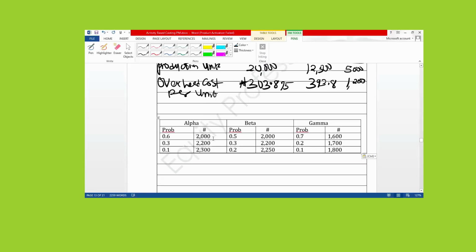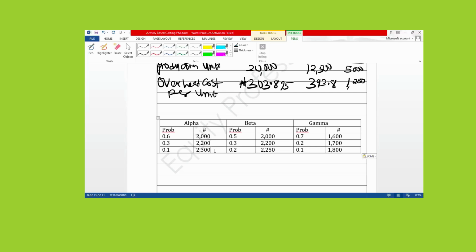The price may be 2,000 with a probability of 0.6, or 2,200 with a probability of 0.3, or 2,300 with a probability of 0.1. We are now asked to calculate expected selling price.